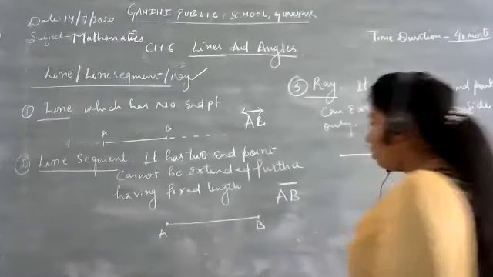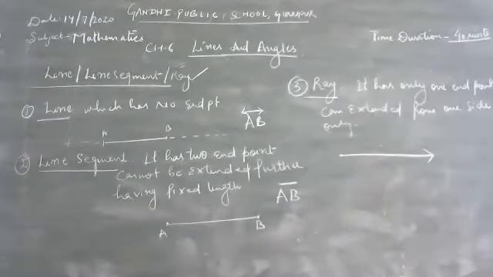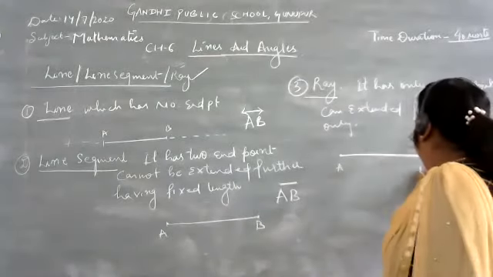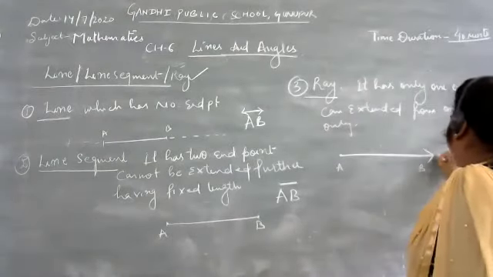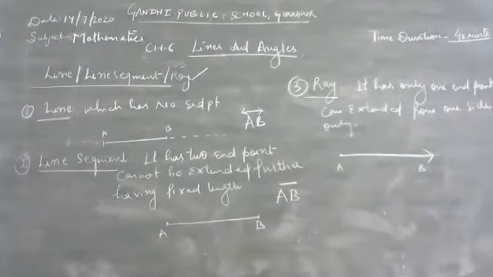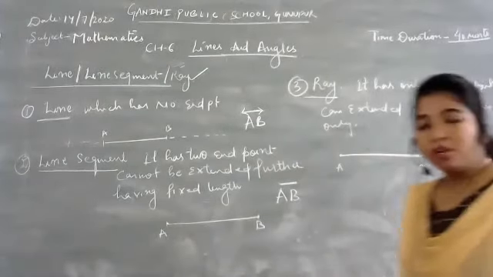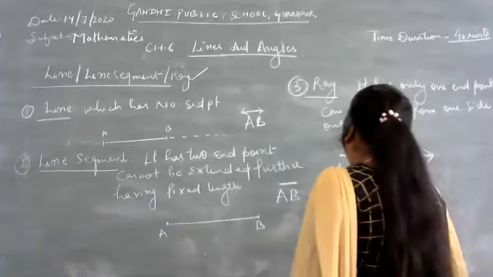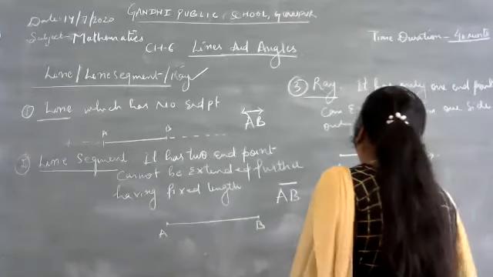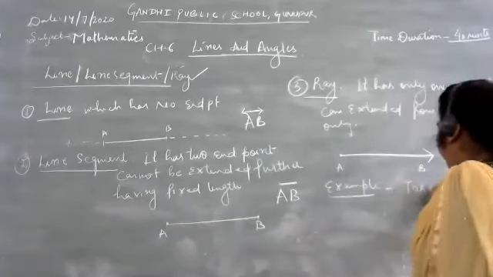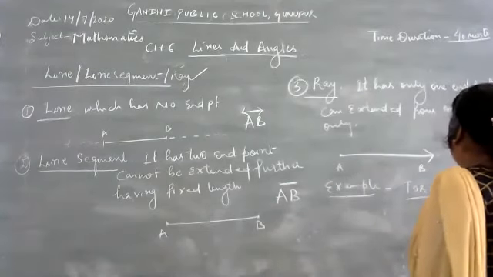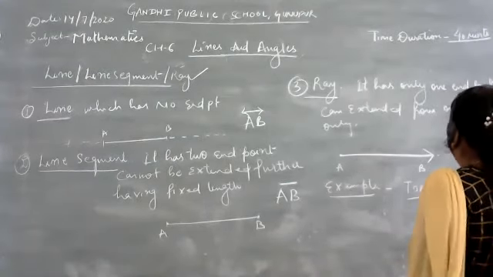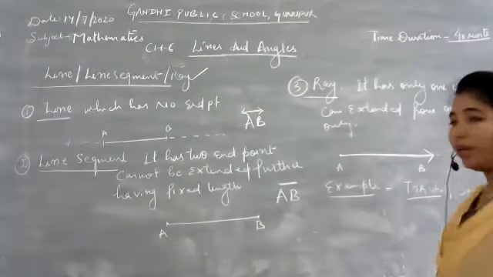This is a diagram of a ray. If I represent it by AB, it is a ray, and it can be extended from one side. Some examples of a ray are a torch and sunlight. How is it an example of a ray?